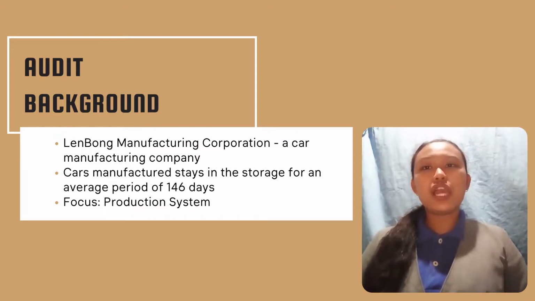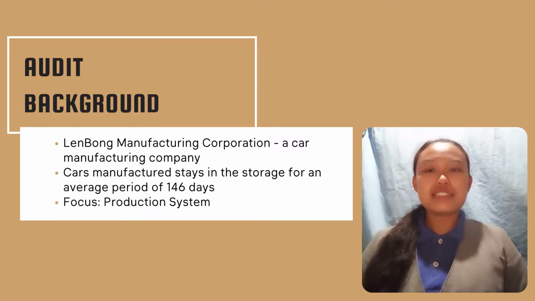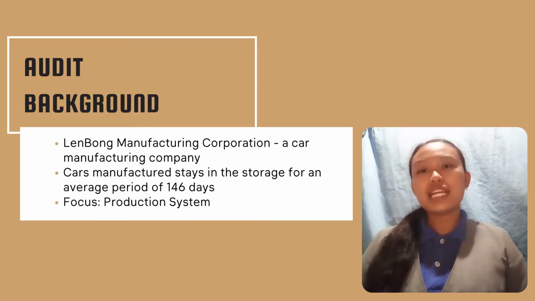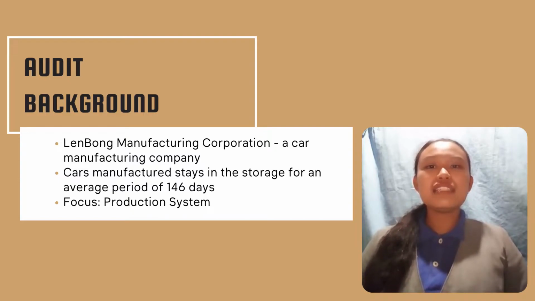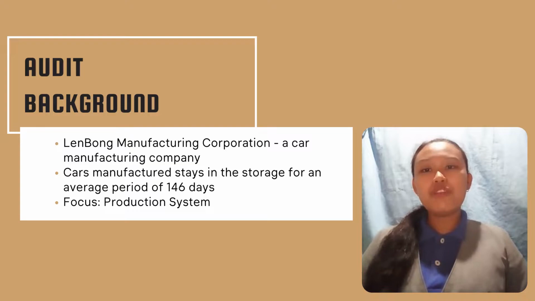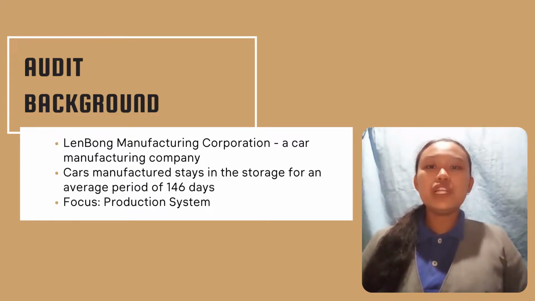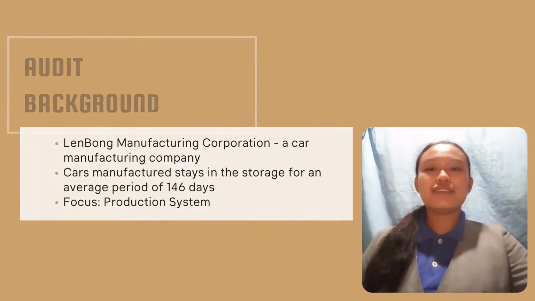It seems that the cars stay in inventory for an average period of 146 days, based on the historical data from 2019 to 2021 and estimated data for the year 2022. So we will focus our audit on the company's production system, which will include the repair and maintenance of inventories.